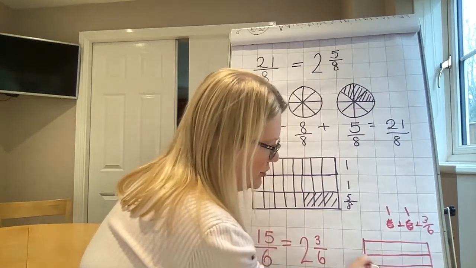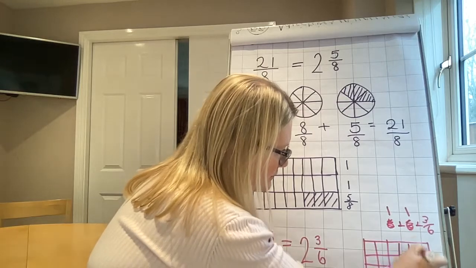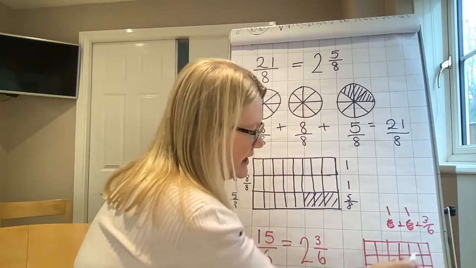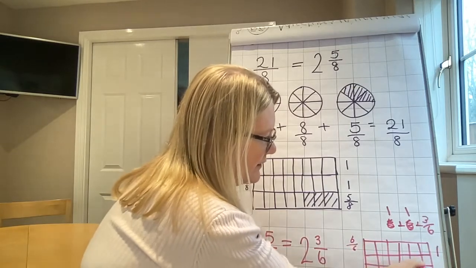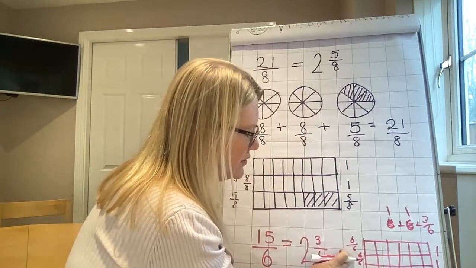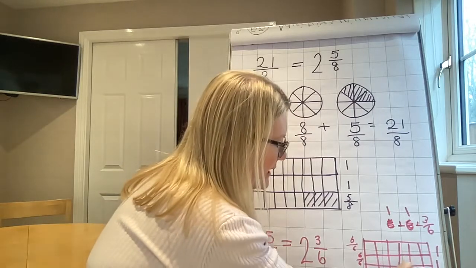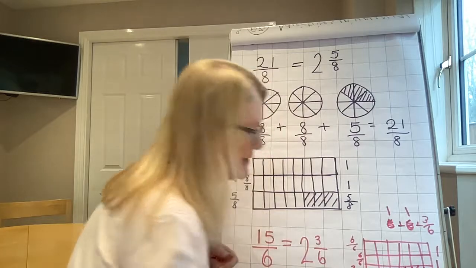And I'm going to cheat and just do it like that. So we've got 1, 2, 3, 4, 5, 6. That's 1 whole or 6 sixths. 1, 2, 3, 4, 5, 6. 1 whole or 6 sixths. So that's 6, 12. I want 13, 14, 15. Get rid of those. And I've got 3 sixths there.